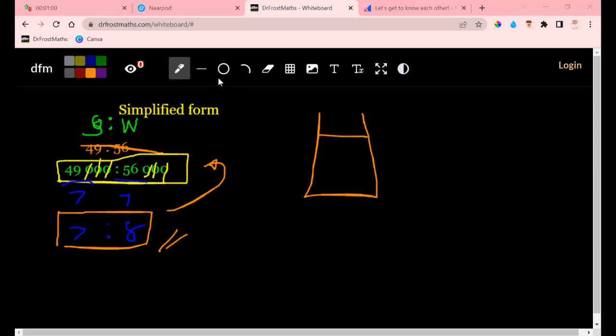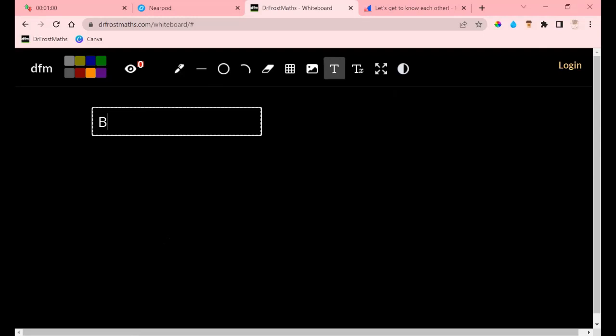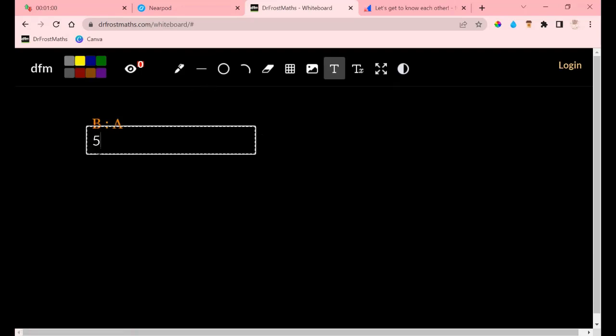Now comes the time for the quiz. But before that, I want to ask you whether you know how to answer something like this. If I say bananas to apples, the ratio is 5 to 6.